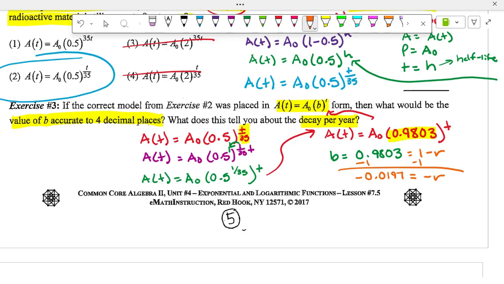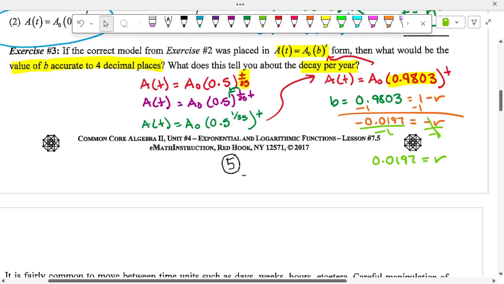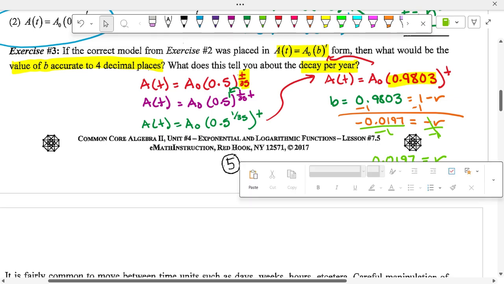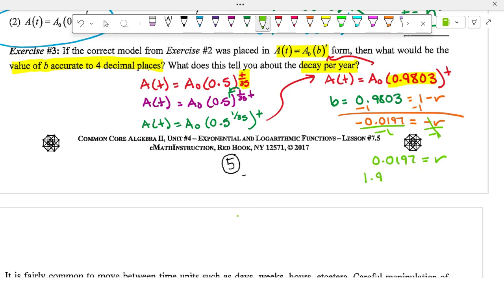Now we're not done because I still got a negative r. So what do I need to do? Divide by negative 1. So this will be 0.0197 is equal to r. So what's r as a percentage? 1.97% is equal to r.